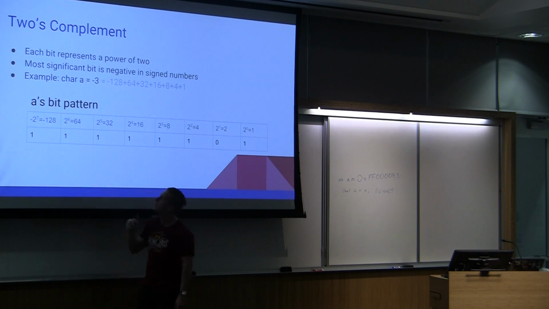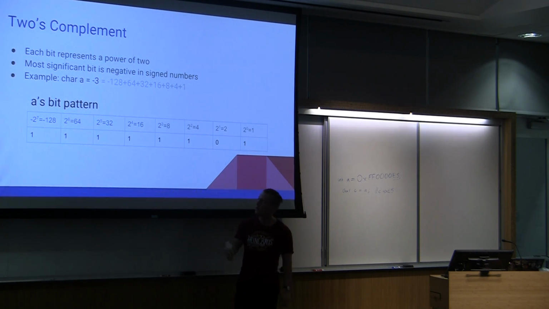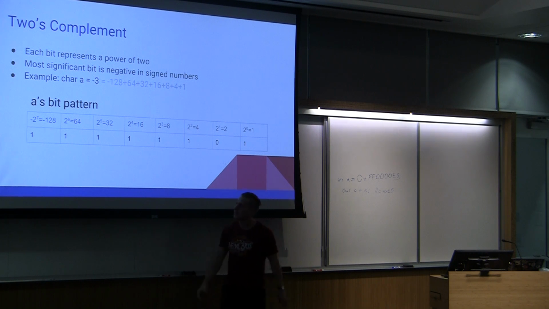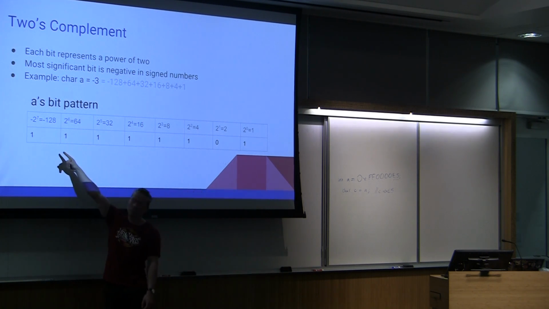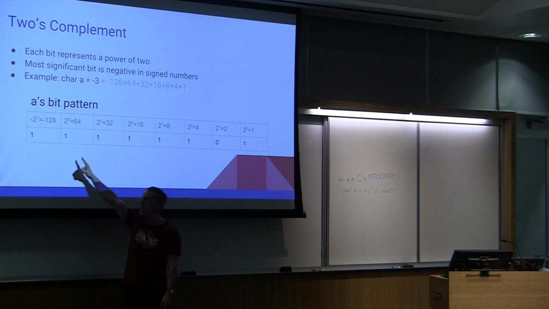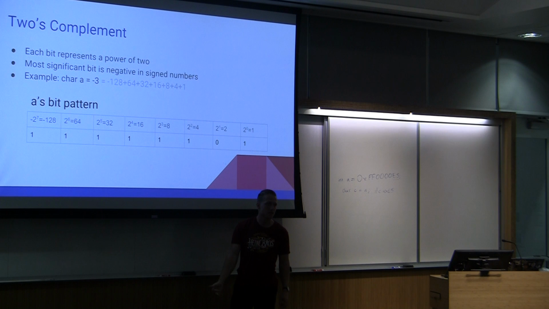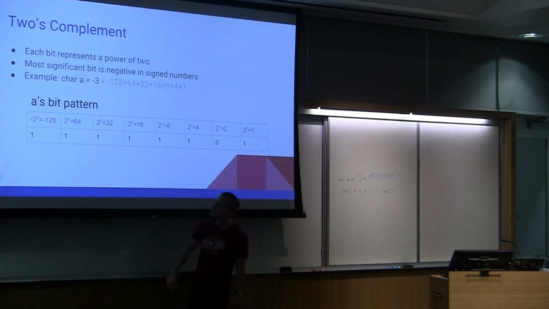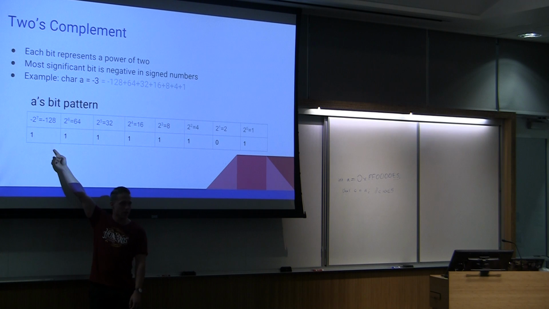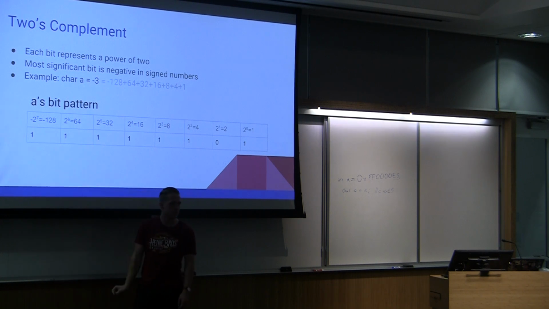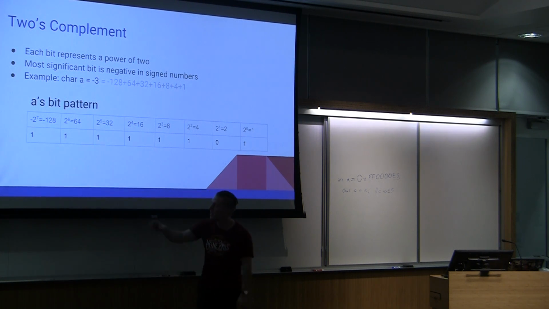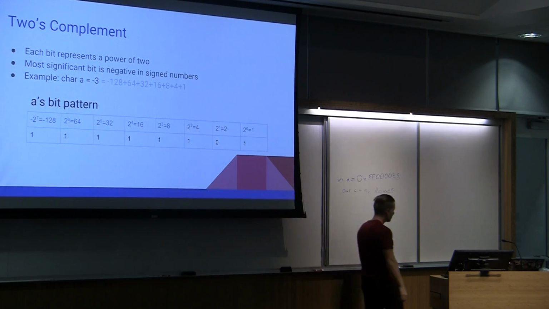So in this case, I'm showing a character a that equals -3, and you can see that to get to -3, we have this big -128 in the first column, and then we add positive values to the -128 until we get back to the number -3. So if we wanted the most negative character, we would write a 1 here and then zeros in all the other columns because we don't want to make it any less negative.